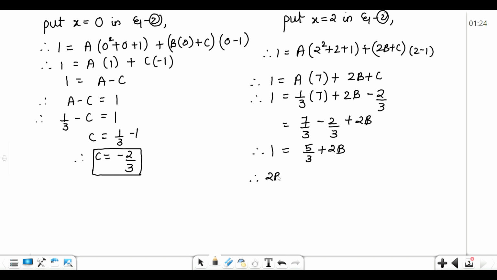So 2b is equal to 1 minus 5 by 3, which is minus 2 by 3. Okay, now this will be divided by 2, that will give you minus 1 by 3. So the value of b here is minus 1 by 3. Okay, hope you understood this process of finding the value of a, b and c.